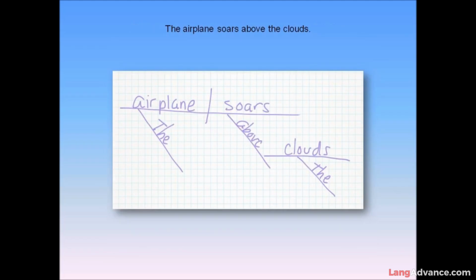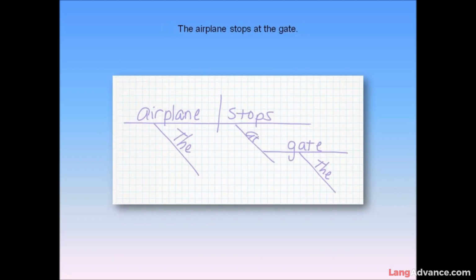The airplane soars above the clouds. Airplane is the subject, soars is the verb, the describes airplane, above the clouds describes where the airplane flies. The airplane stops at the gate. Airplane is the subject, stops is the verb, the describes airplane, at the gate describes where the airplane stops.